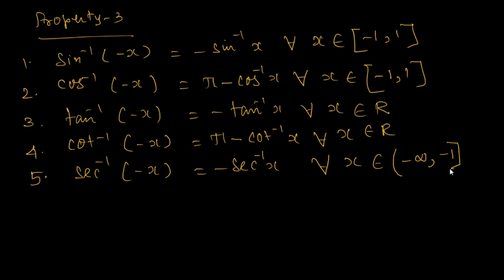What do you mean by that? That is, minus infinity is less than x, and x is less than or equal to minus 1. So on the right side it is closed, on the left side it is open.